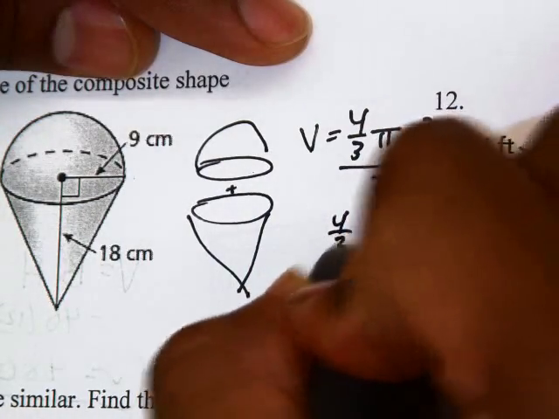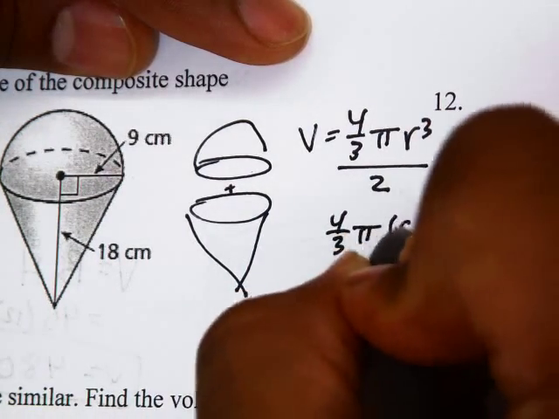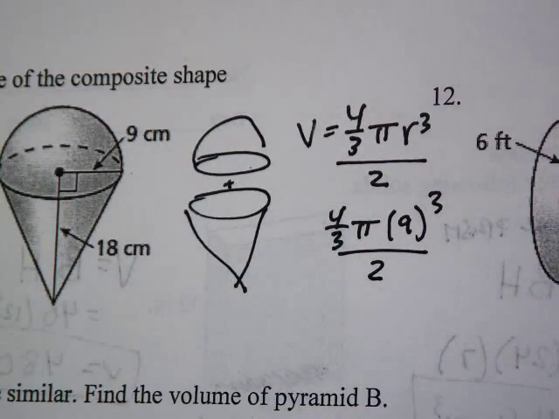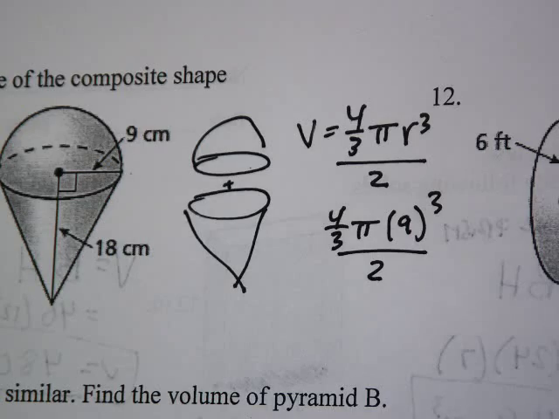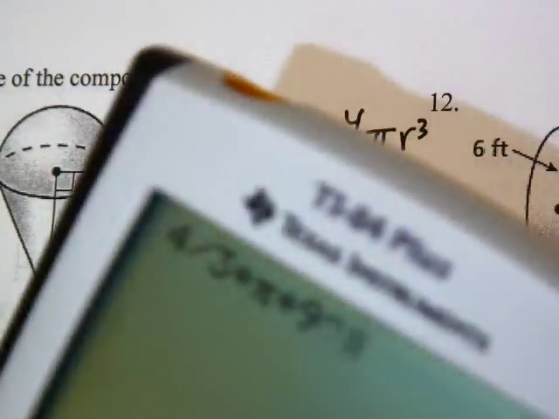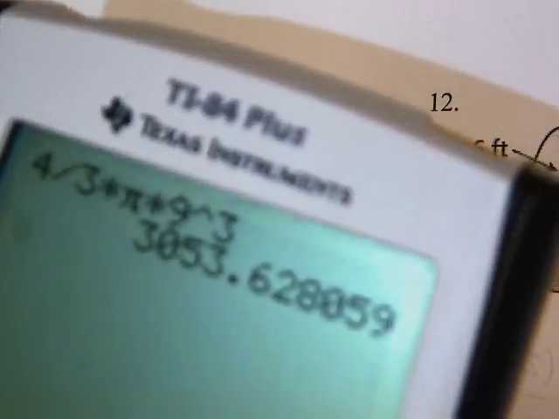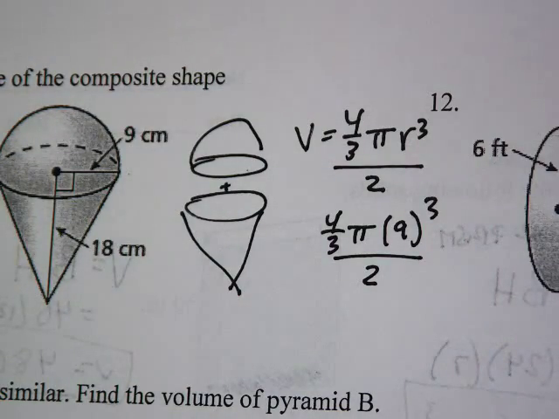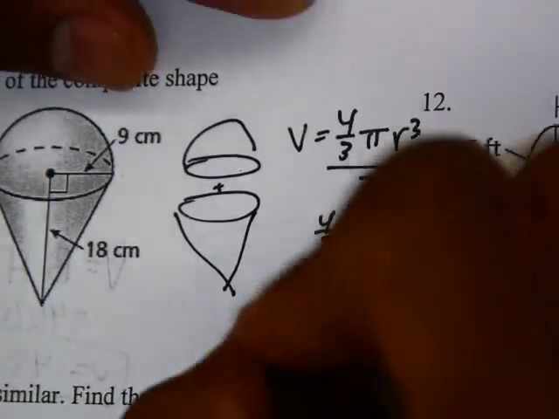So if I do 4/3 pi times the radius of 9 cubed and divide the whole thing by 2, let's see, 4 divided by 3 times pi times 9 to the 3rd power is that, divided by 2 is that. So 1526.8.